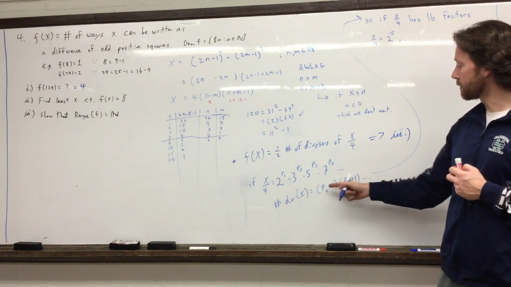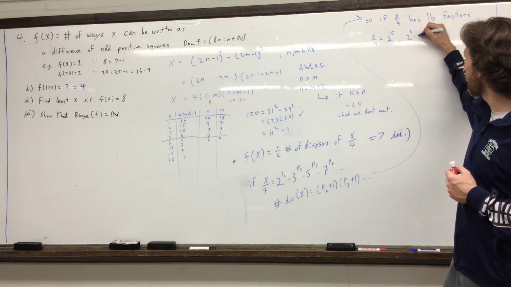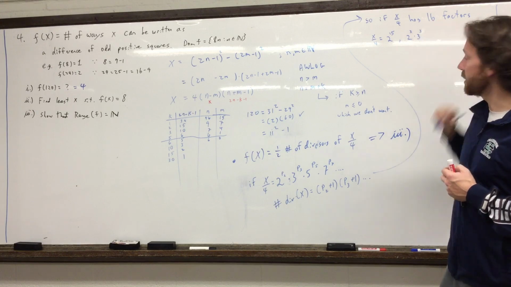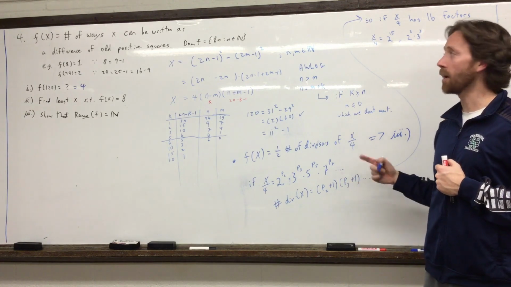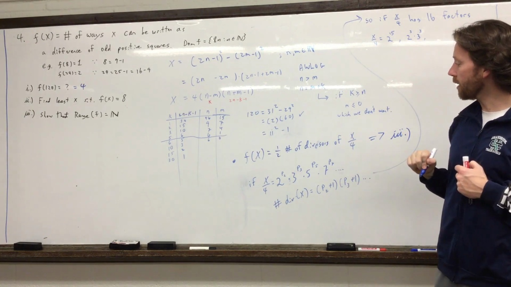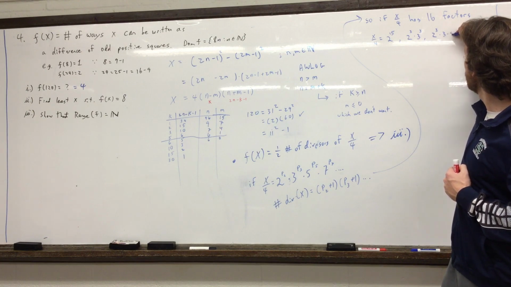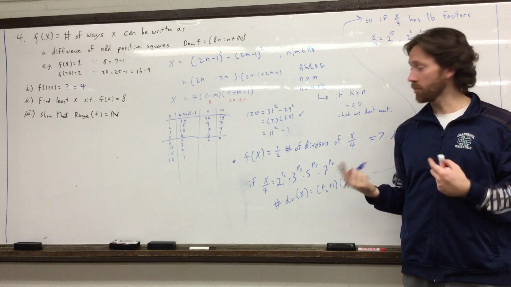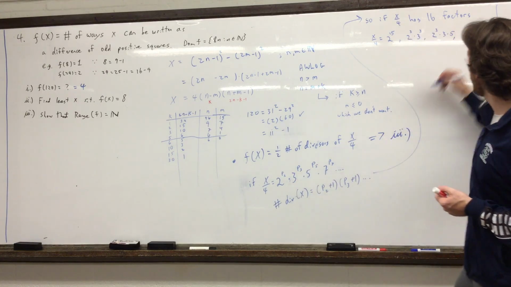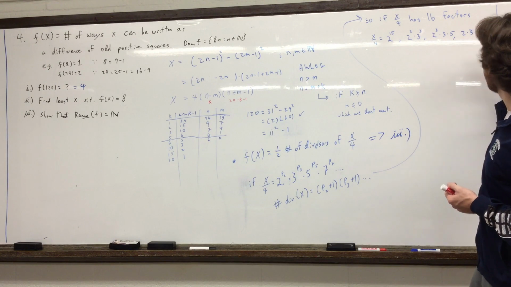If I write 16 as 4 times 4, then it could be 2 cubed times 3 cubed, right? If I write 16 as 4 times 2 times 2, then it could be 2 cubed times 3 times 5. And best yet, if I write 16 as 2 times 2 times 2 times 2, then x over 4 is going to equal 2 times 3 times 5 times 7.